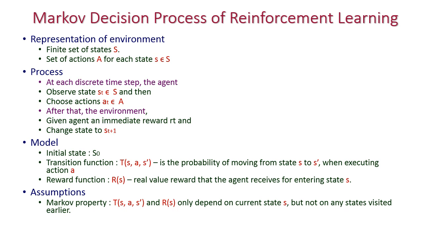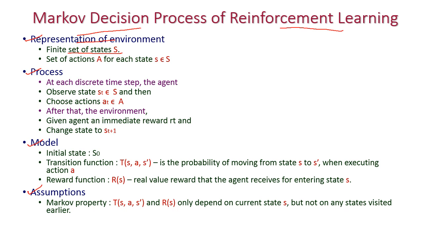The Markov decision process of reinforcement learning. Here we have the representation of the environment, process, model and assumption. The first one is the representation of the environment. Here we have a finite set of states.